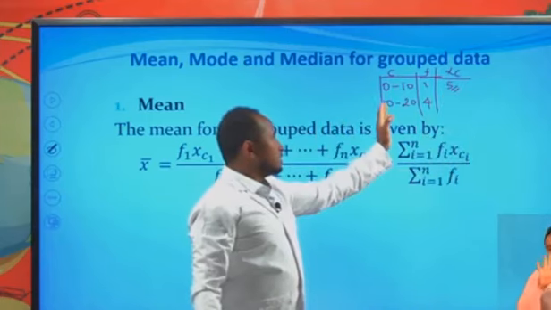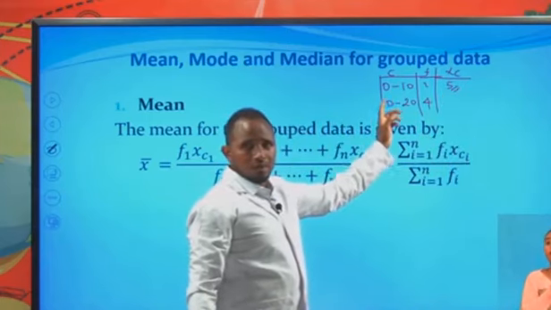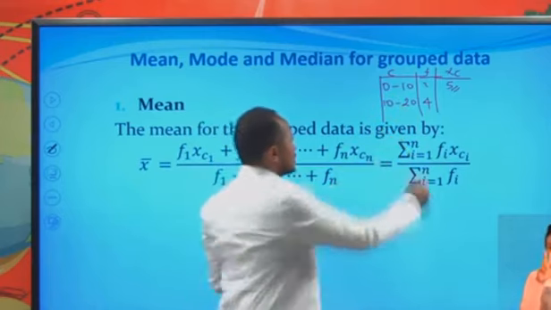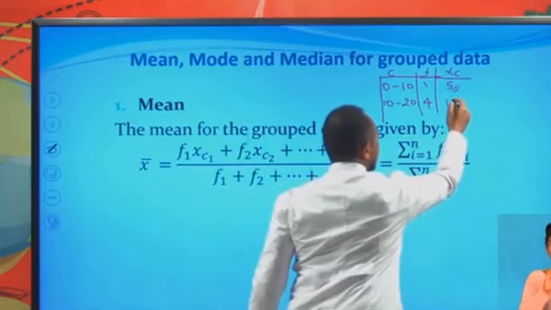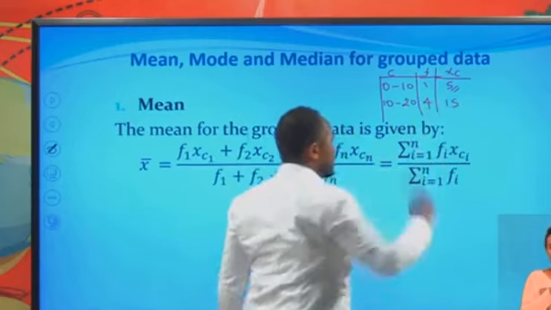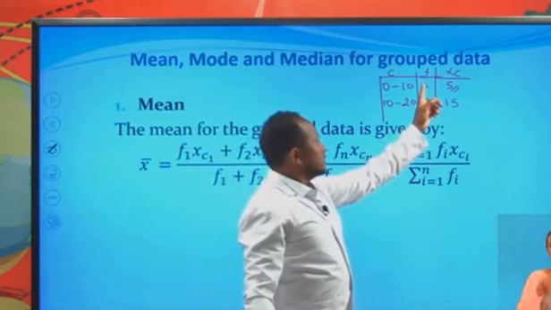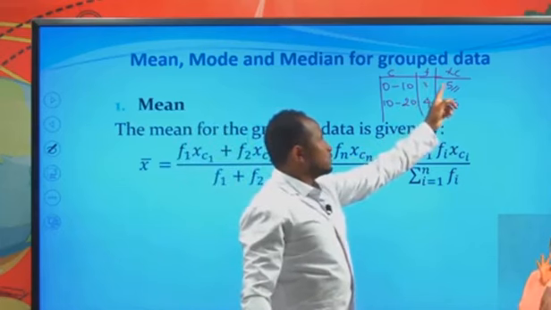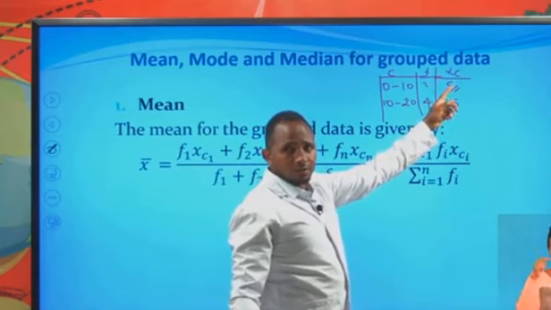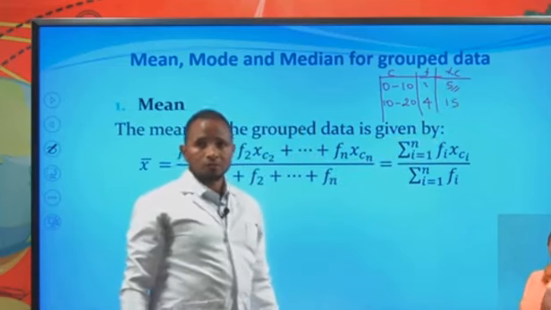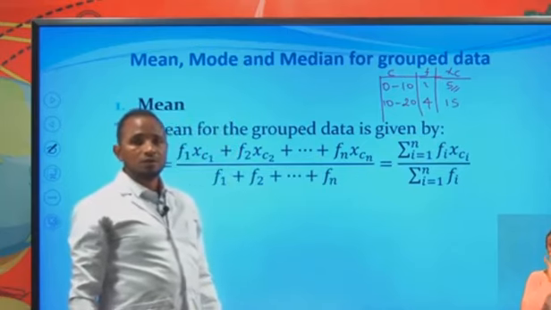Here, the average of these two, 10 plus 20 divided by 2, 30 divided by 2 is 15. So the class midpoint for the second class is 15, and its frequency is 4. After that, you multiply the frequency of each class by its corresponding class midpoint, add them, and finally divide by the total number of frequencies, so it gives you the mean.